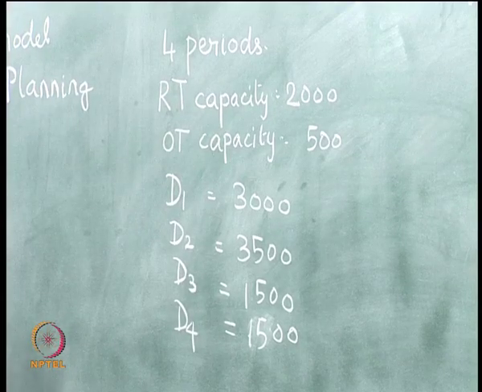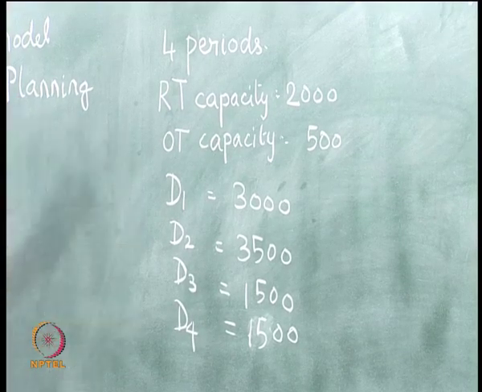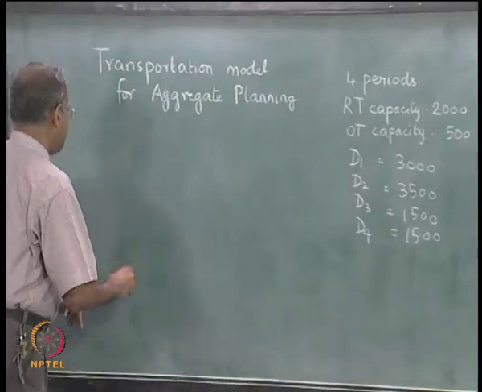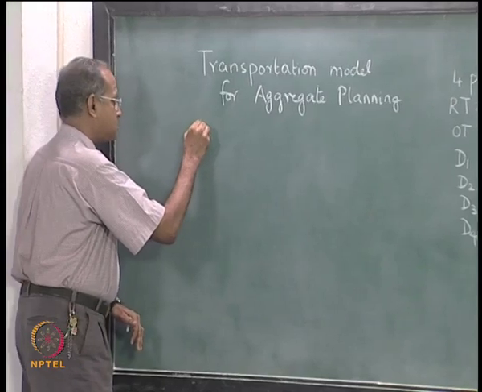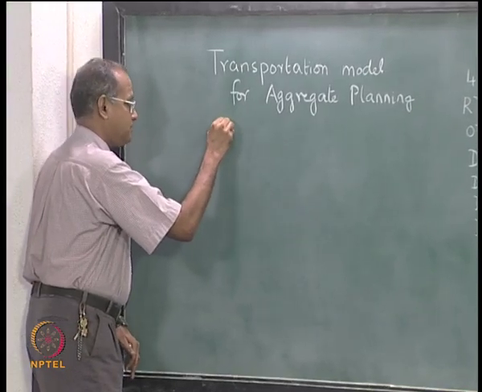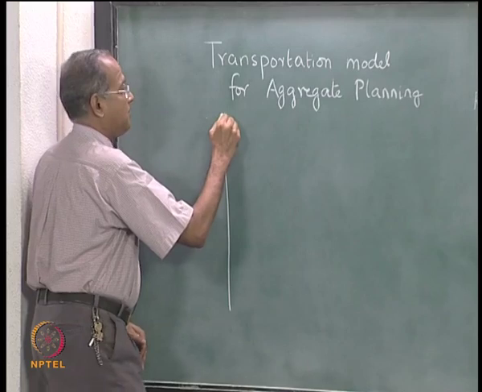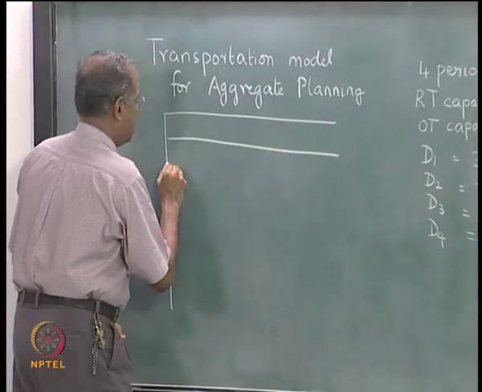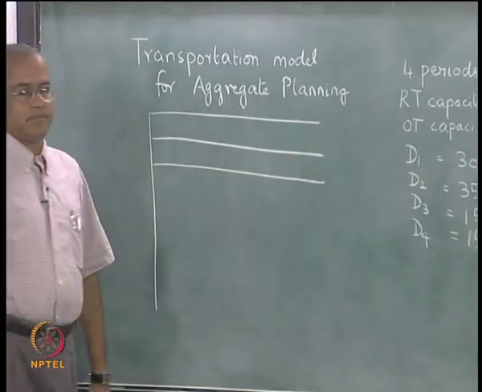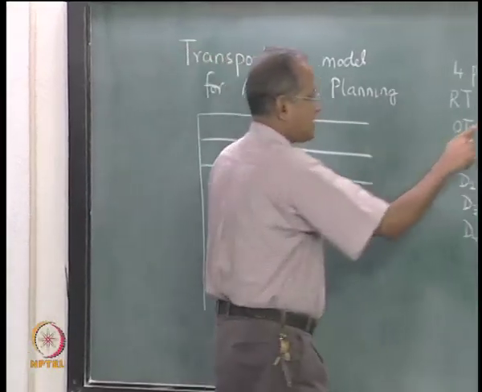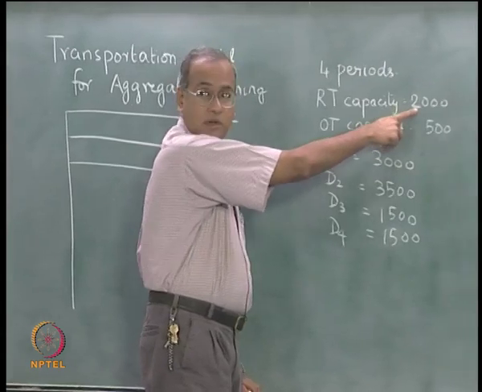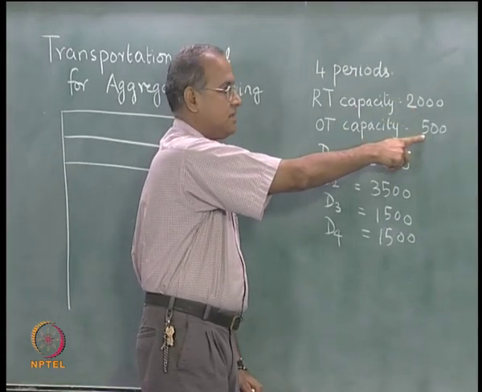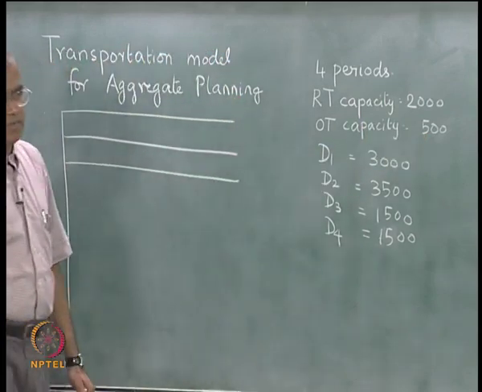So let us now try and draw the transportation matrix for this. Each month there is a supply of 2000 which comes from regular time capacity, and there is a supply of 500 that comes from overtime capacity.